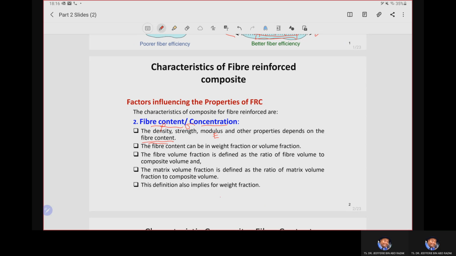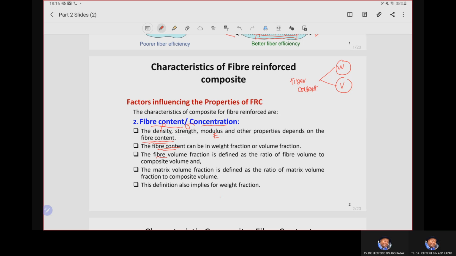To represent the fiber content, we can represent it either by the weight fraction W or the volume fraction V, denoted as W for weight fraction and V for the volume fraction.